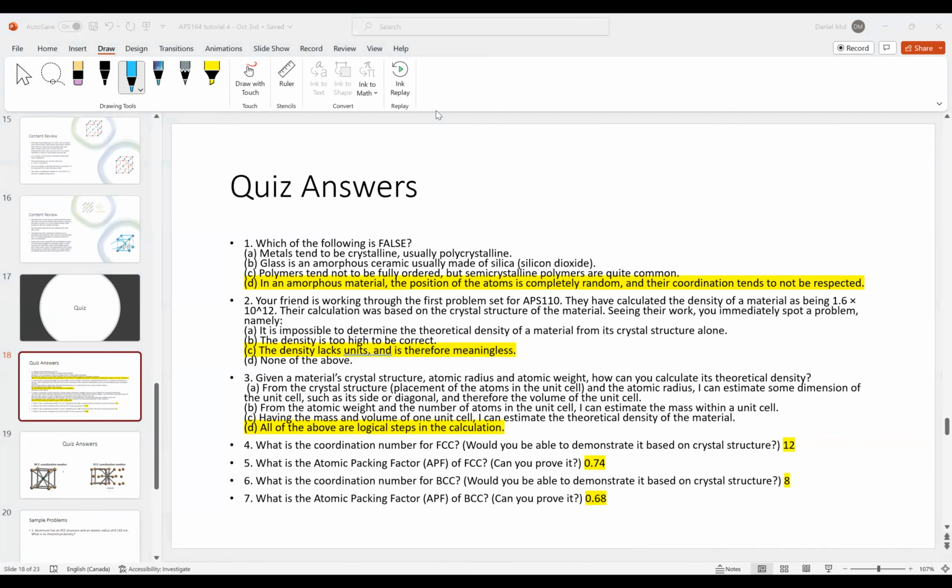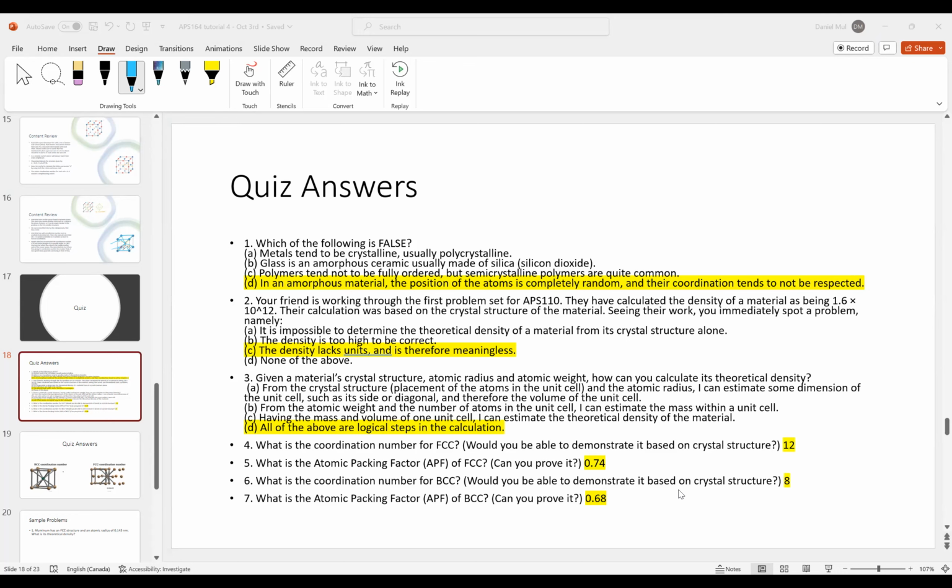Any questions with that? These bottom ones, 4 to 7, we covered earlier, but I can show the coordination number again. That's the next slide. But anything with 1 to 3?